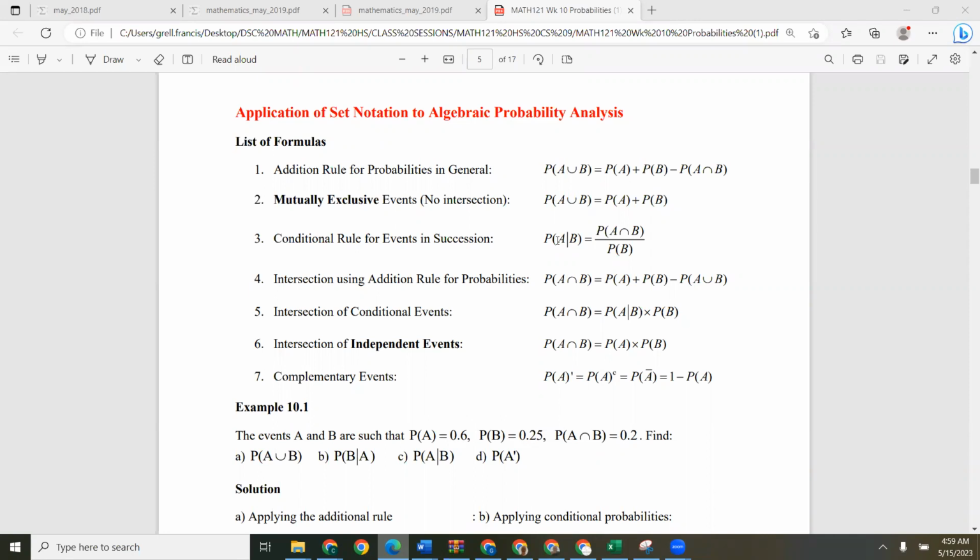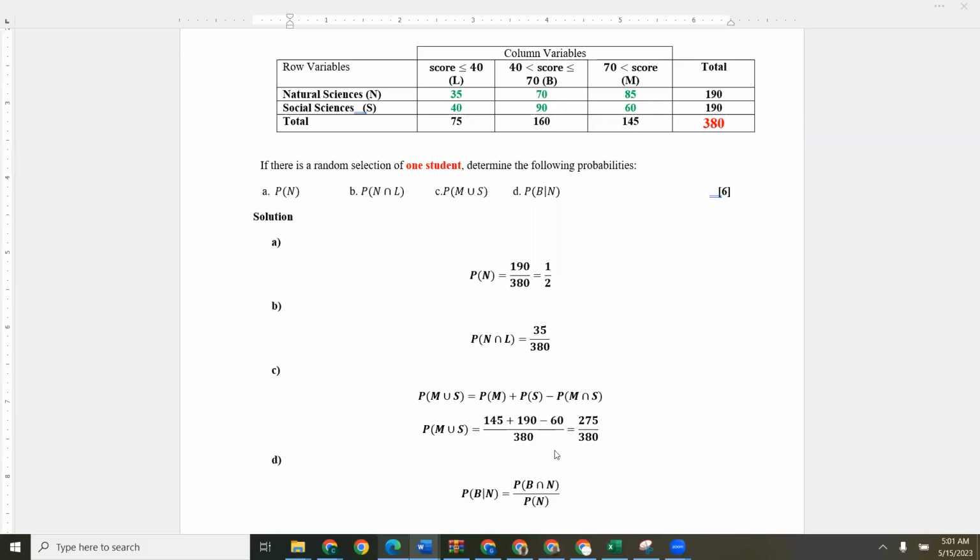P of A given B is P of A intersect B over P of B. So given that you know that the student is from the natural sciences, and you want to know the probability that this student scored between 40 and 70, that is P of B intersect N divided by P of N. N here would be the condition.